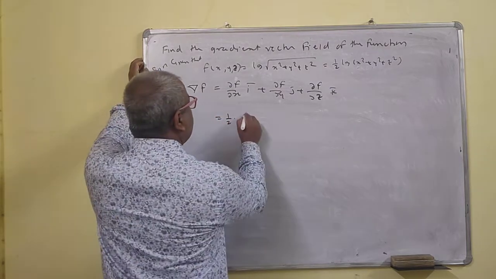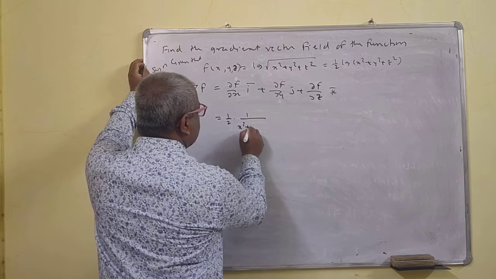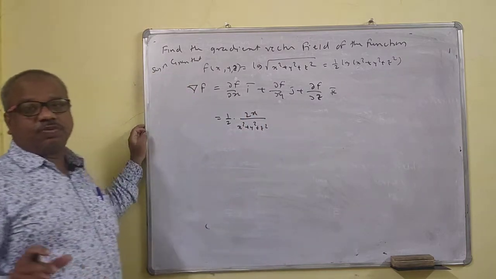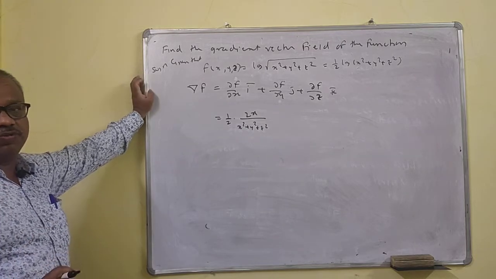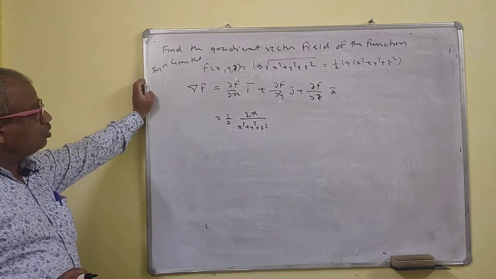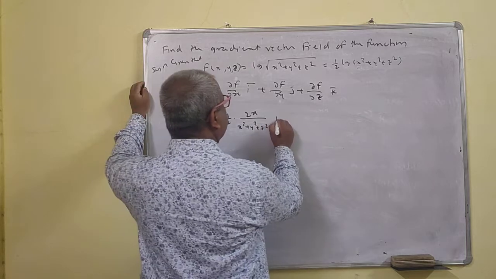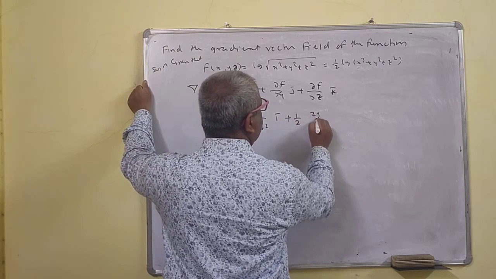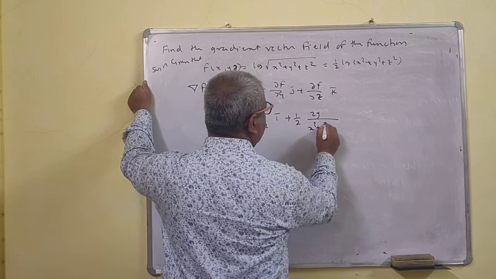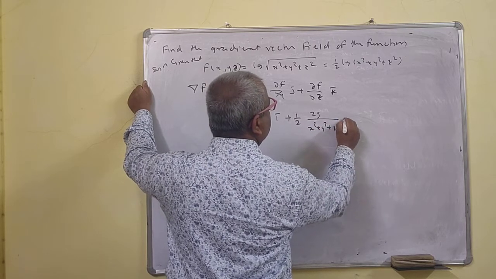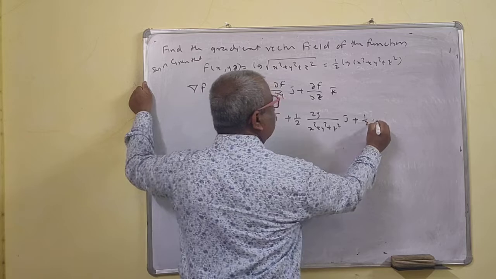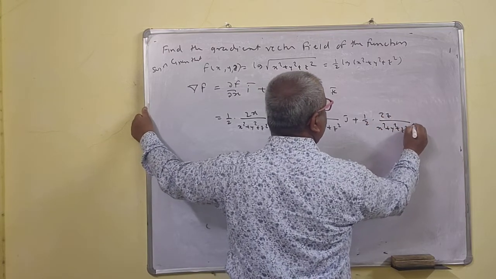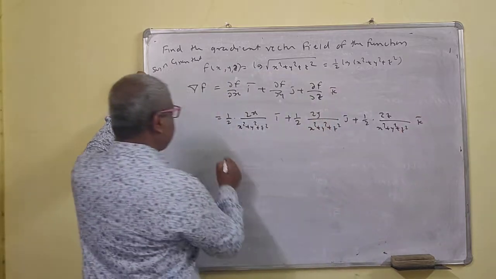The derivative of log of something is 1 upon x square plus y square plus z square into the derivative of x square plus y square plus z square partially with respect to x. So that is twice x i bar, plus the 1/2 as it is. This is the same as twice y upon x square plus y square plus z square j bar plus 1/2, and this is the same as twice z upon x square plus y square plus z square k bar.